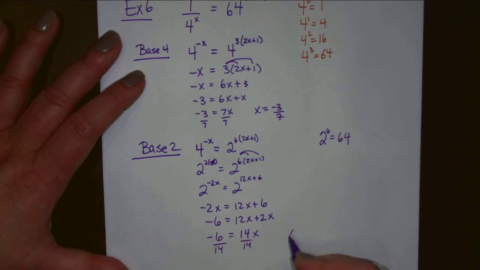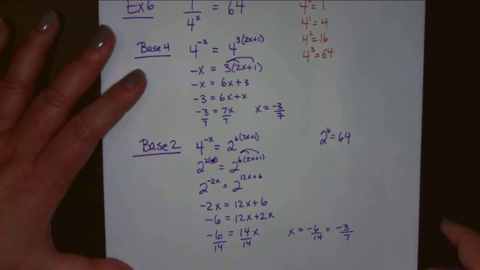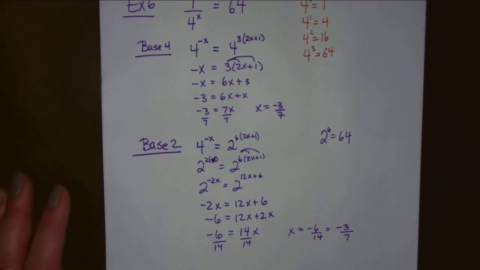So x equals minus 6 over 14, which reduces by 2. Same answer. Okay. So with 4s, you can just ignore the powers of 4 altogether, really. But I do expect you to be able to recognize that 64 is the power of 4, 16 and 64. Just those ones, though.